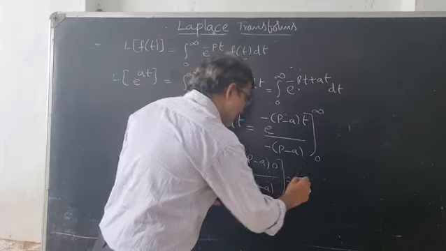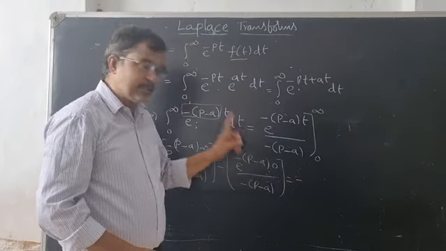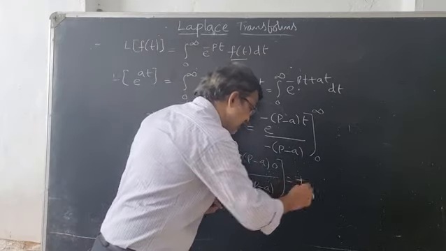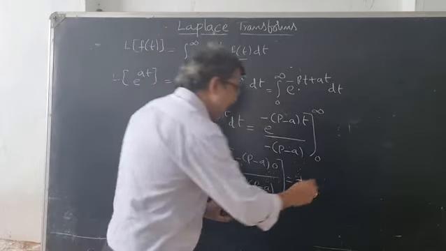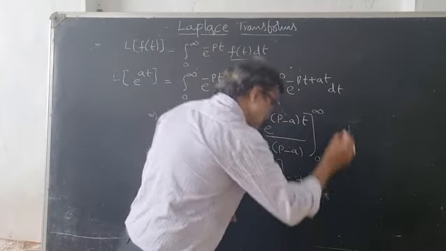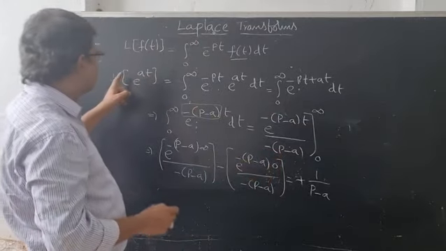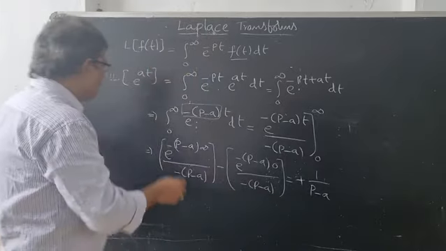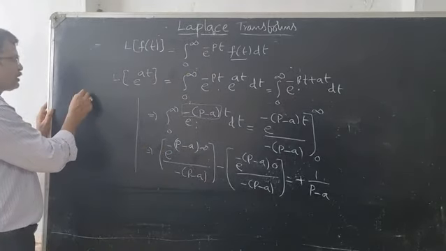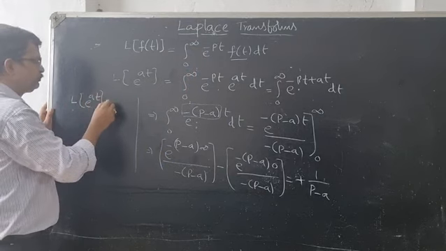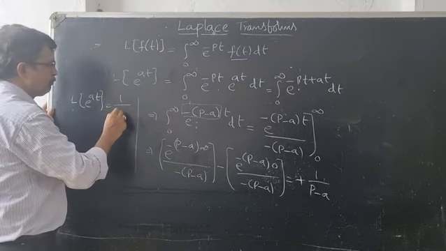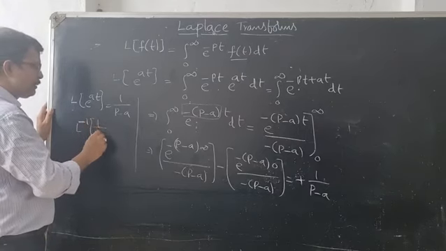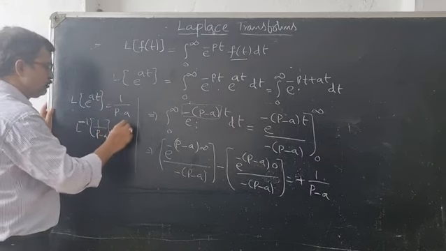Minus e^0, that is 1, so 1 by this one, minus into minus becomes plus, 1 by p - a. This is one more result: Laplace of e^(at) is equal to 1 by p - a. That means Laplace inverse of 1 by p - a is equal to e^(at).